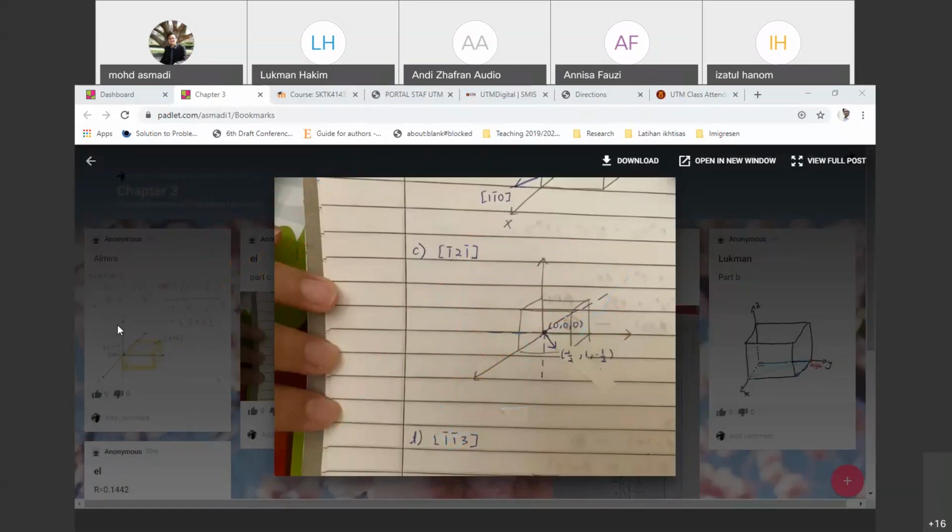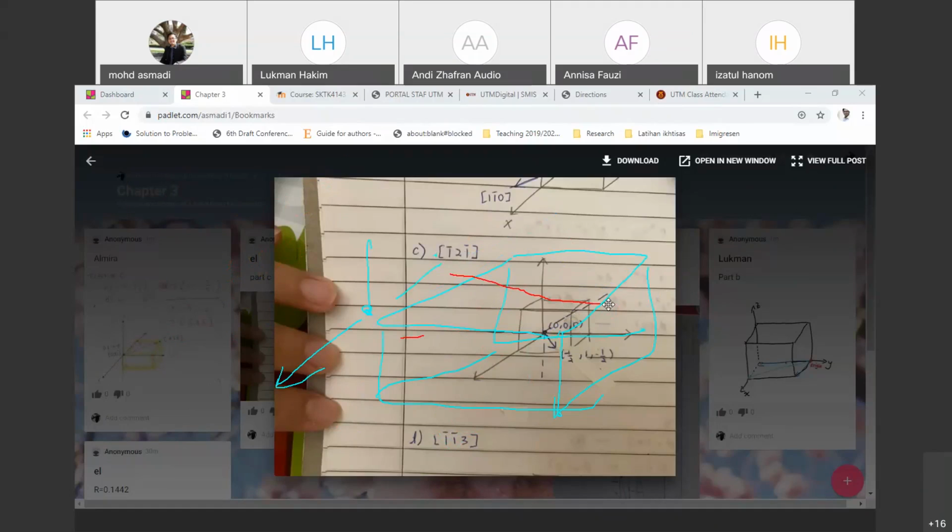So we can get this one. So half for x, 100% for y, and 50% for z.